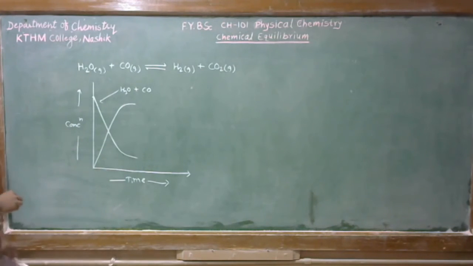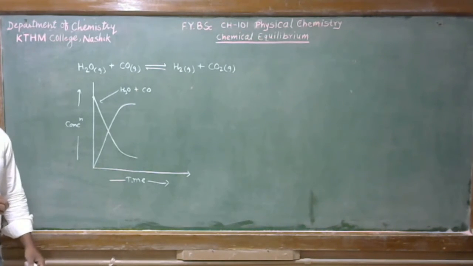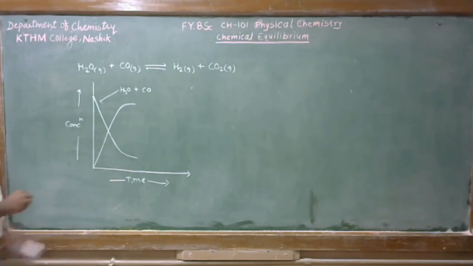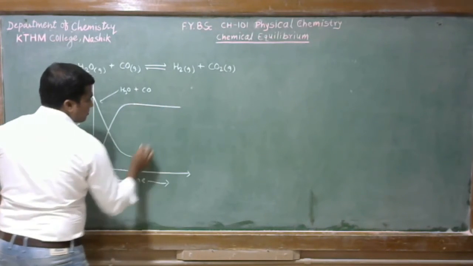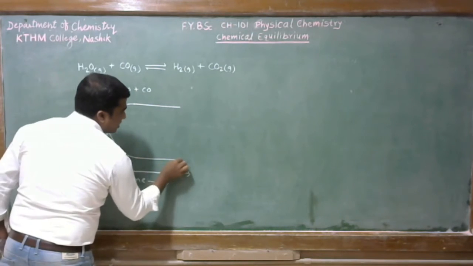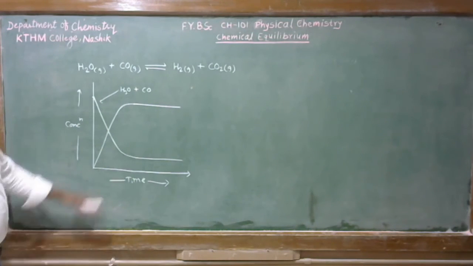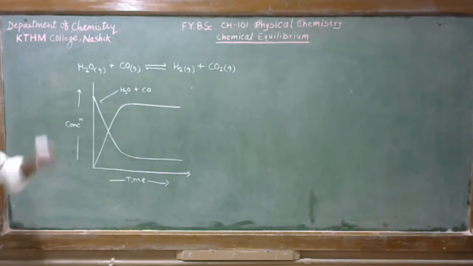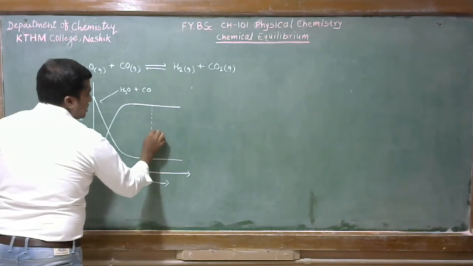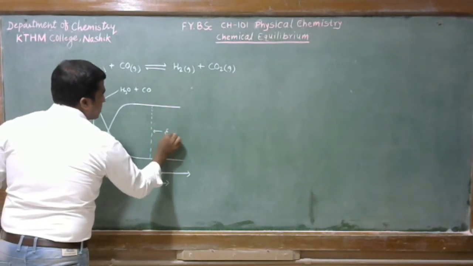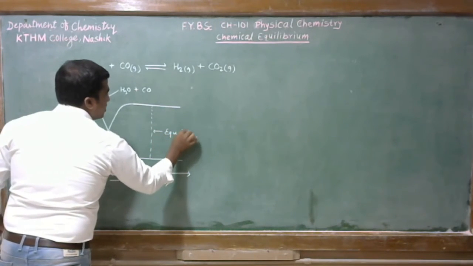But over a period of time, the concentration of reactants and products remains constant and we get this type of graph. The concentration remains constant for both the reactants and products. So this point is known as the equilibrium.